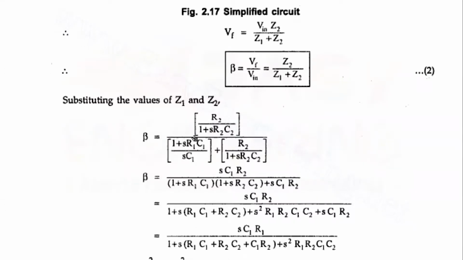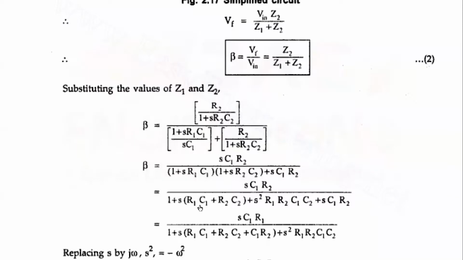Now if you multiply the first term of the denominator with SC1 into 1 plus S R2 C2, SC1 will cancel and 1 plus S R1 C1 into 1 plus S R2 C2 will remain. Next, multiplying the last term, 1 plus S R2 C2 will cancel and R2 into SC1 will remain.